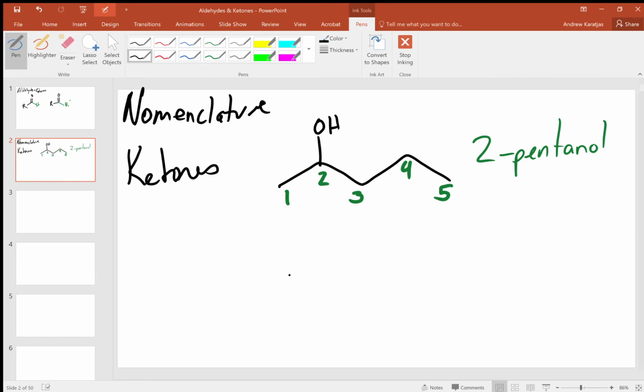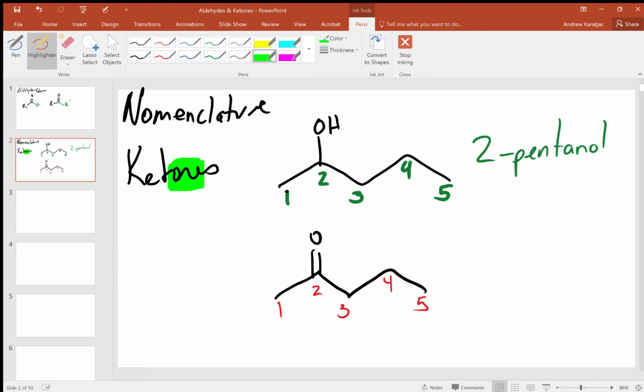Well, ketones behave in exactly the same way. We number the chain so that the carbon with the ketone gets the lowest possible number. The only thing that's different here is the ending. And the ending that we use for ketones comes right out of the name, ONE.